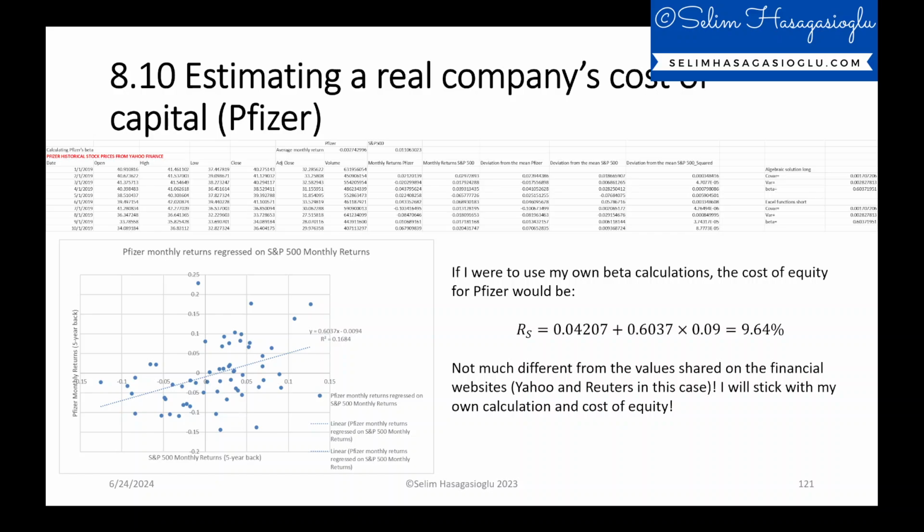So not much different from the values shared on the financial websites, Yahoo and Reuters in this case, but I will stick with my own calculation of beta and the cost of equity based on that beta. I will be using this cost of equity in my calculation of the weighted average cost of capital for Pfizer. So I will be using this 9.64% in my calculations.